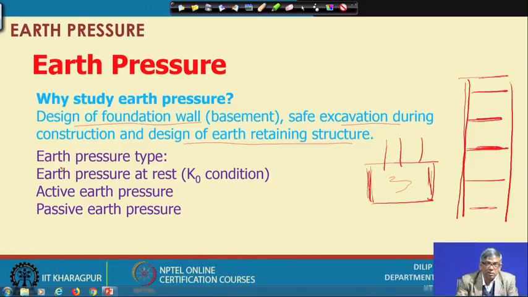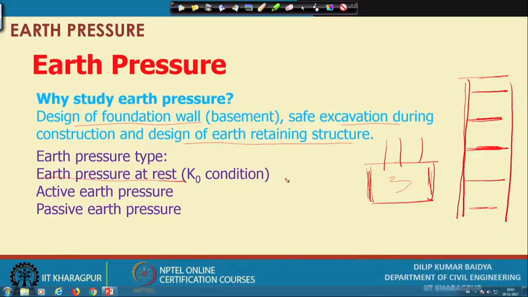Now, what are the different types of earth pressure? There is earth pressure at rest. Earth pressure at rest means what? Suppose there is a wall retaining the soil here, and there is no movement of the wall.